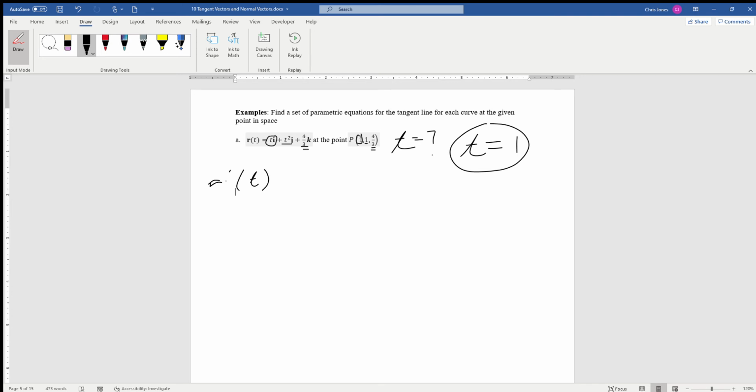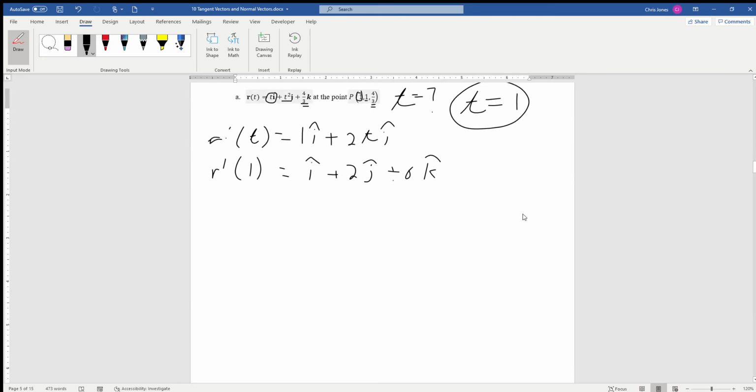And r prime of t is going to be 1i plus 2tj. r prime at 1 is going to be equal to i plus 2j. Right? And technically 0k.